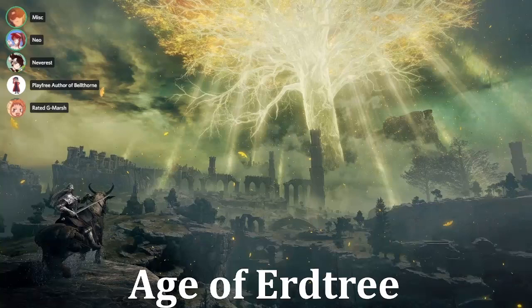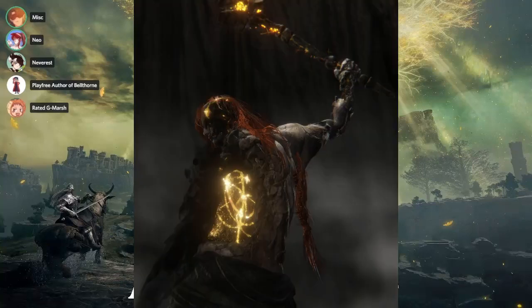You can't have a god reproduce with a non-god and produce an Empyrean. It almost sounds like they can only produce them asexually, which is theoretically possible based on the fact that we see Marika merge with Radigan. I mean, we don't see it happen, but it happened at some point. And I'm assuming it happened during the Age of the Erdtree.